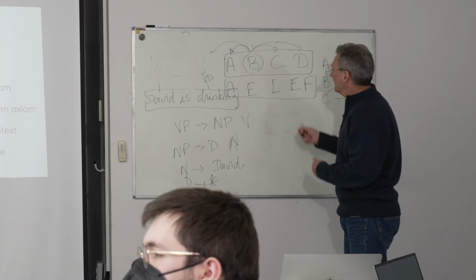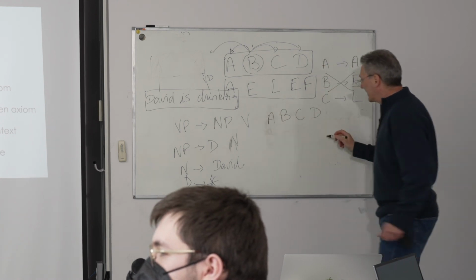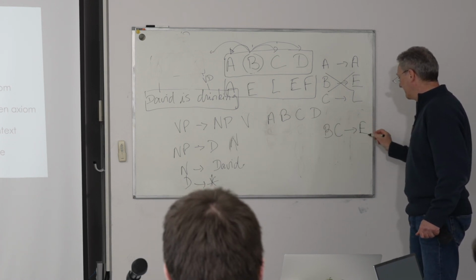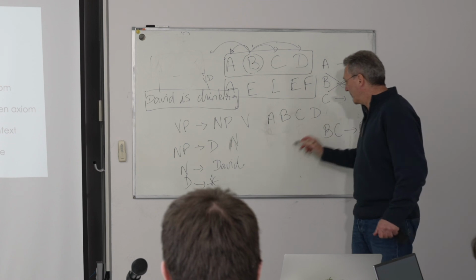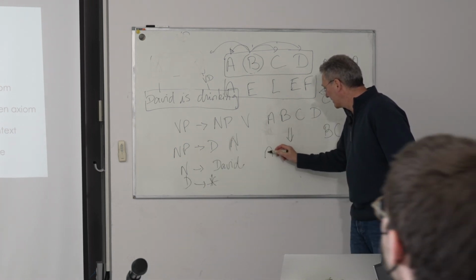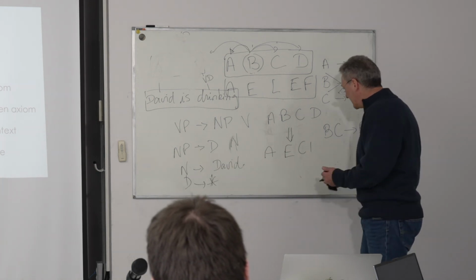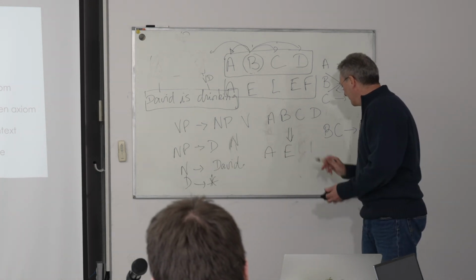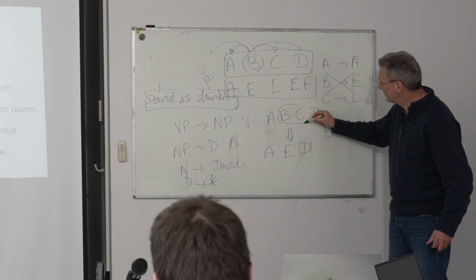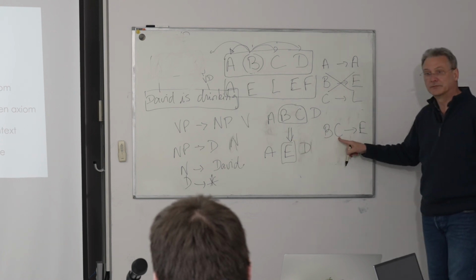So if I have a string A, B, C, D, I can have a rule like BC becomes E. If I apply this rule, it derives A, E, D, because both symbols were rewritten into an E by this rule.